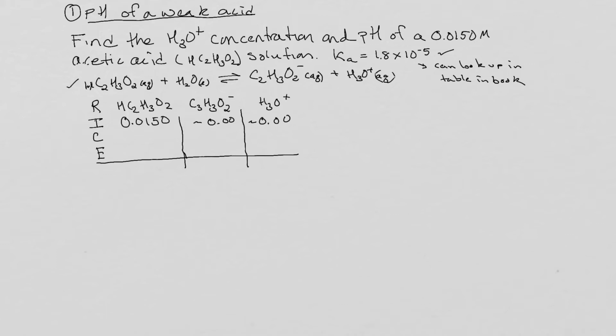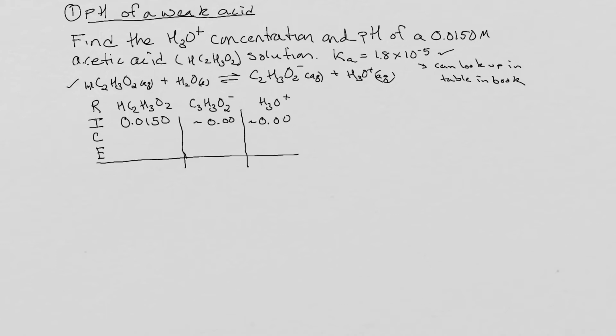Now, in this particular problem, we're told that we have a 0.015 molar acetic acid solution. So what that tells me is that at the very beginning, when I first make up this solution, I have a 0.015 molar concentration of acetic acid, and I have essentially 0 of the conjugate base and hydronium ion.